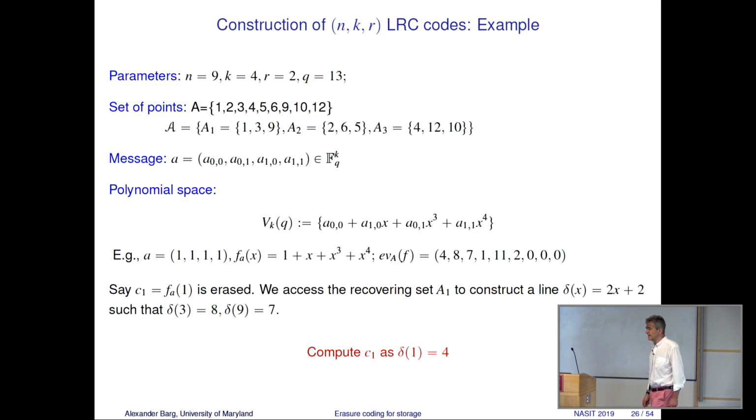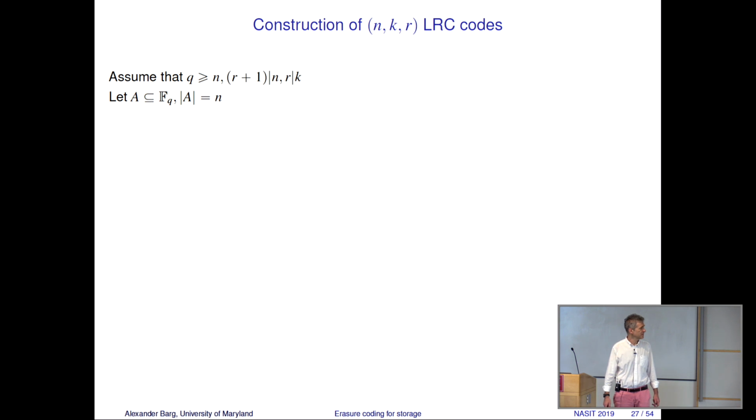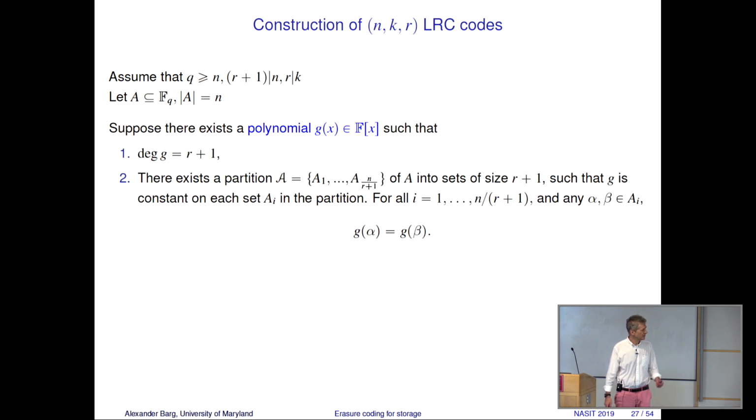In the example, let's see what is behind this construction slightly more generally. Remember, ultimately we need a polynomial of degree k minus 1 to encode k symbols. So we take a polynomial g that is constant on every repair group of size r plus 1.